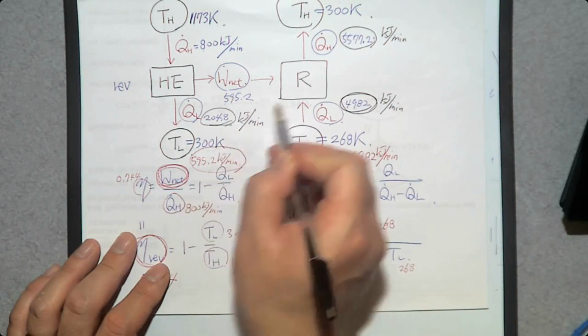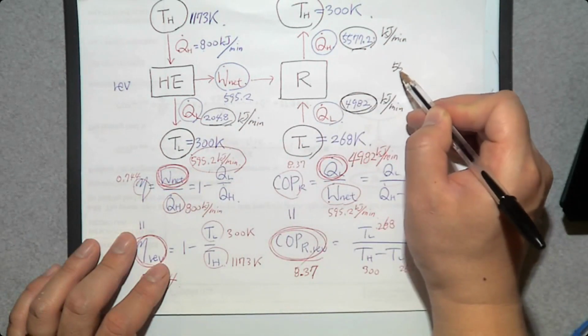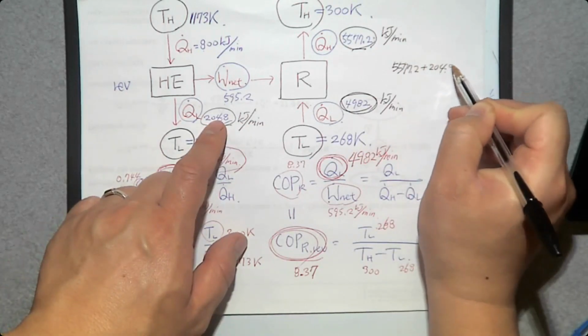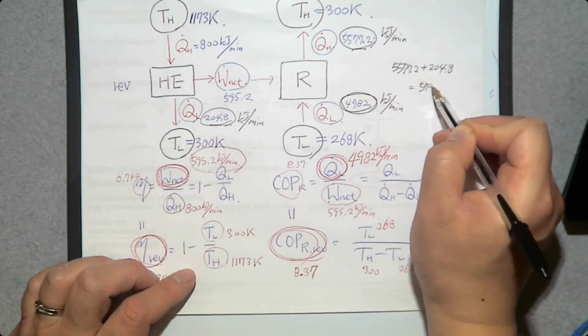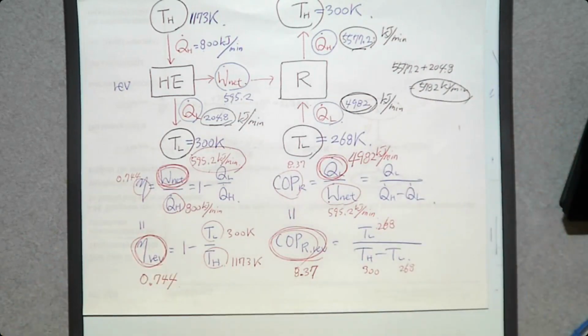So altogether, the total heat rejection is going to be 5,577.2 plus 204.8, which is 5,782 kilojoule per minute. So that's the total heat rejection.